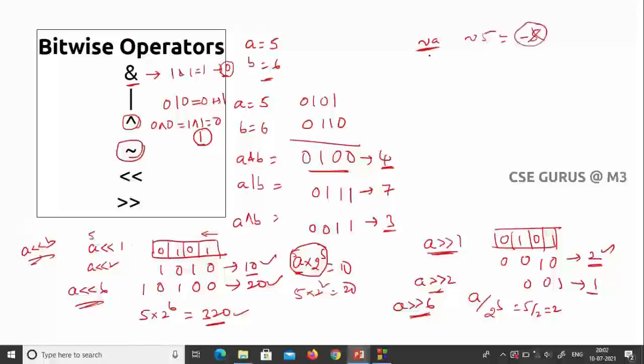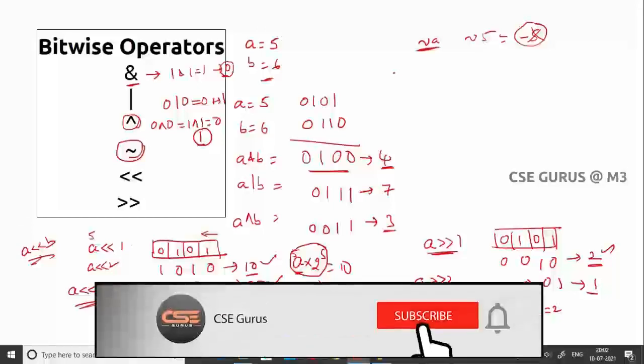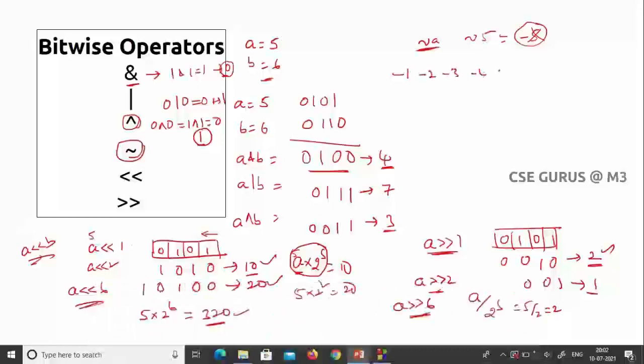No. Why? Because you can see it's not minus 5, it is minus 6. So how is it minus 6? I'll write the negative numbers first. Negative numbers start from minus 1, right? Minus 3 like this, minus 5, minus 6, minus 7 like this. Positive numbers start from 0, 1, 2, 3, 4, 5, 6.